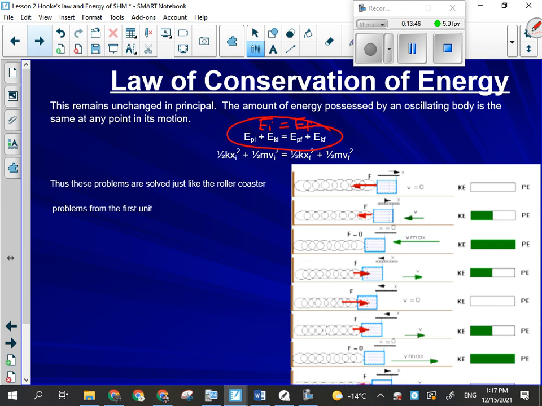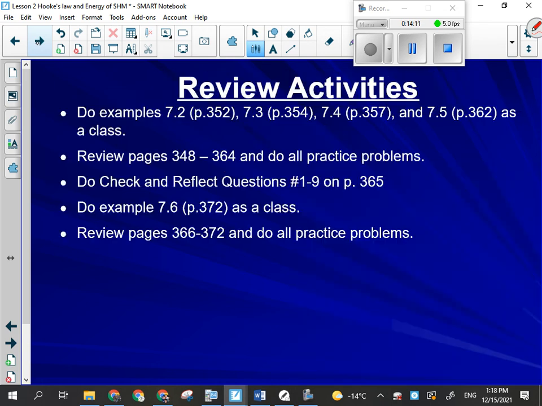All that changes is instead of having mgh_i, we have 1/2 k x_i squared. That's what changes. We replace gravitational potential energy with elastic potential energy. Questions on how that works? Okay. So we'll go through a few examples just to make sure everyone gets it.